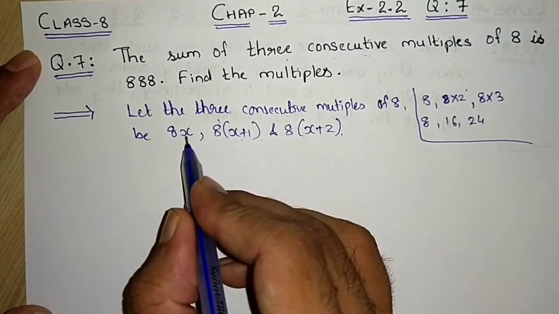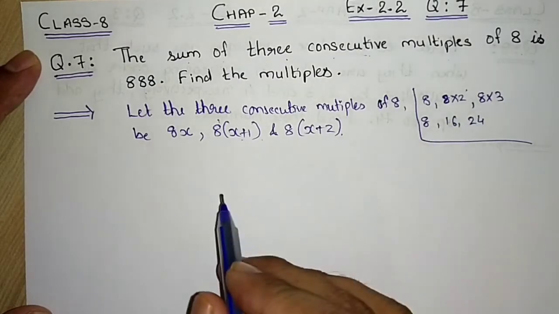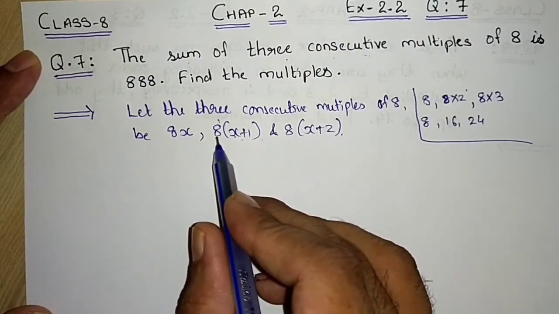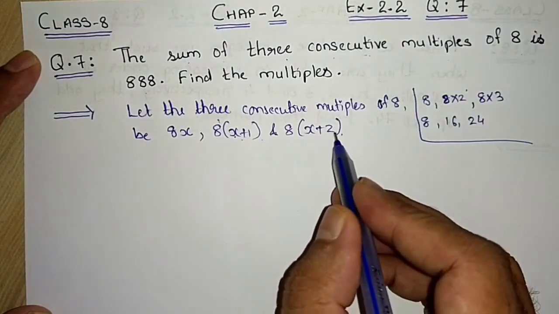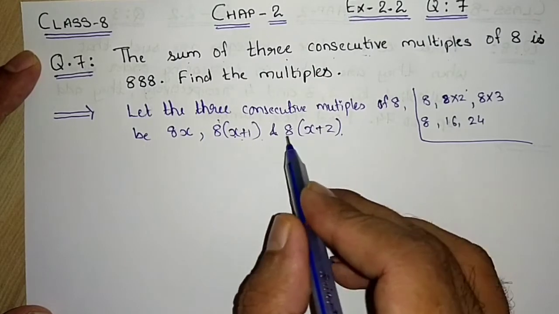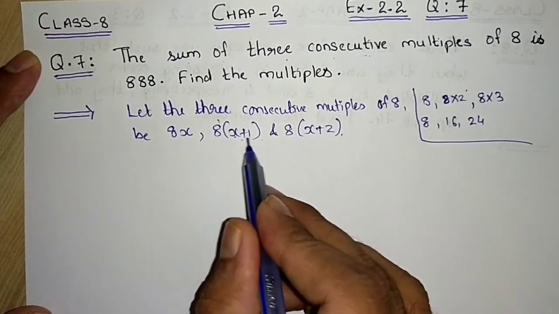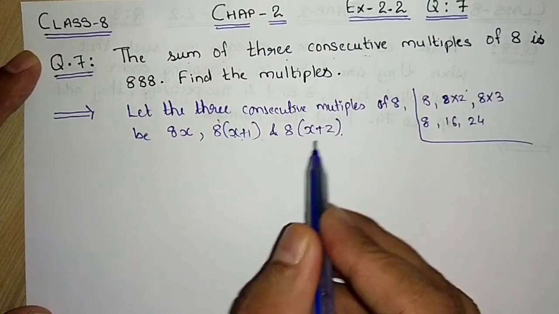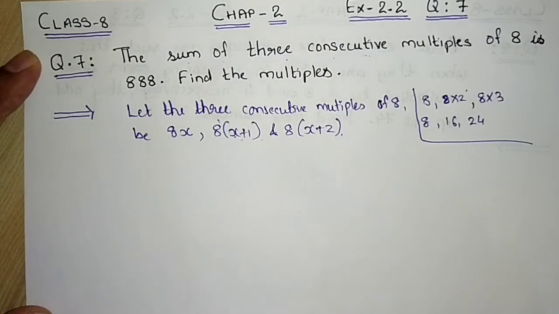See, if I take x as 1, it becomes 8 ones are 8. 1 plus 1 is 2, so 8 twos are 16. 1 plus 2 is 3, 8 threes are 24. So they are in successive manner, they are consecutive and also multiples of 8.